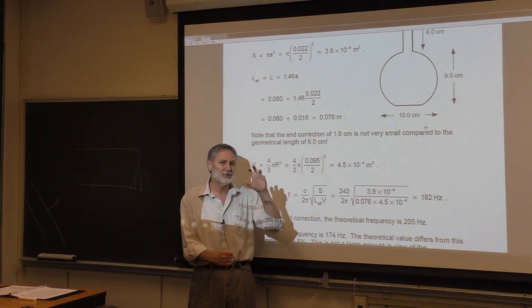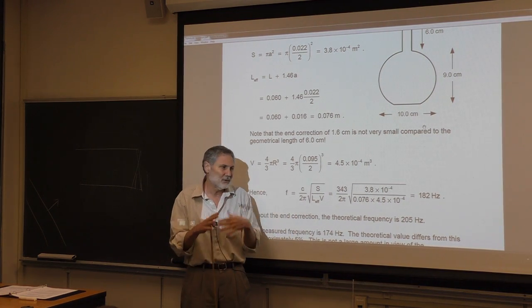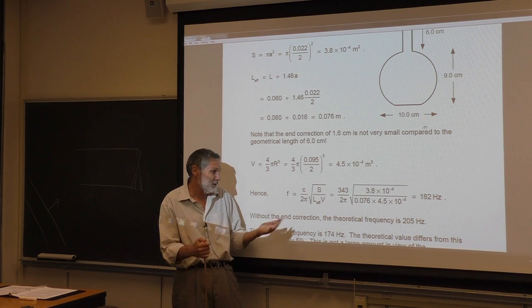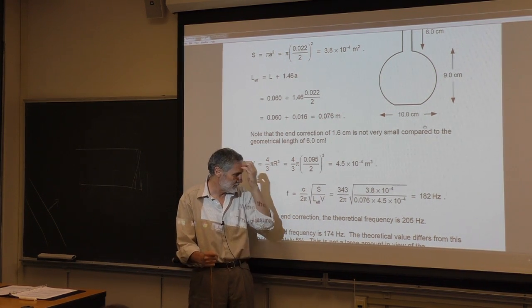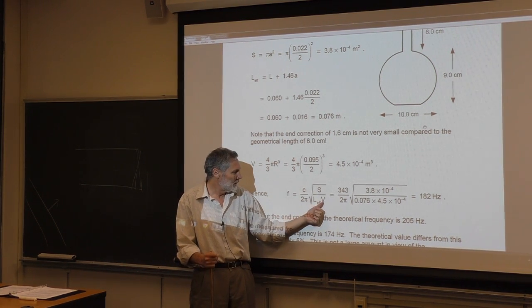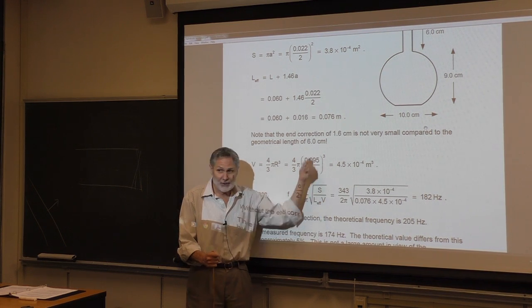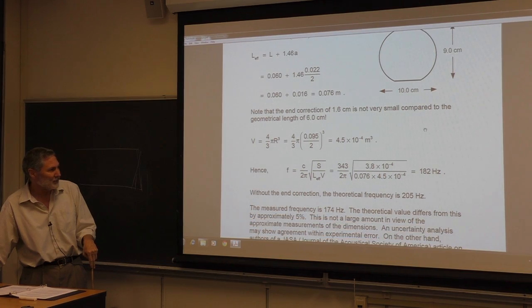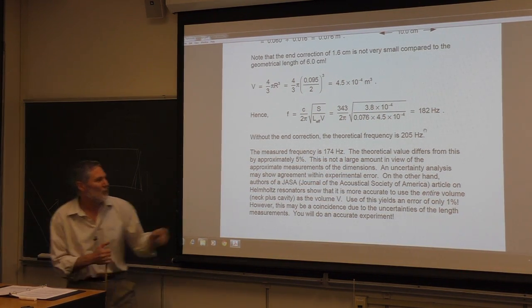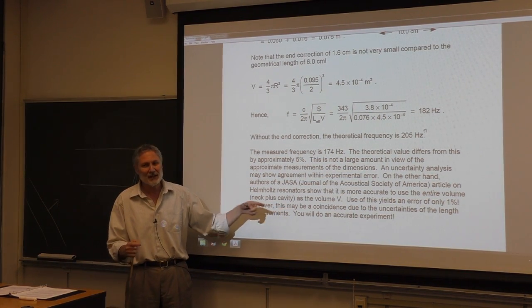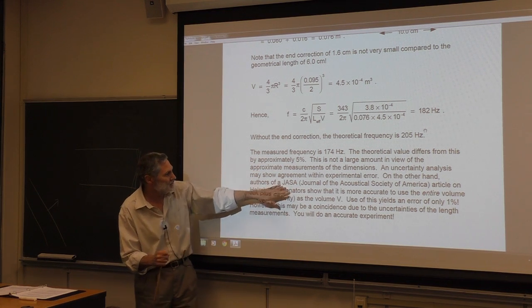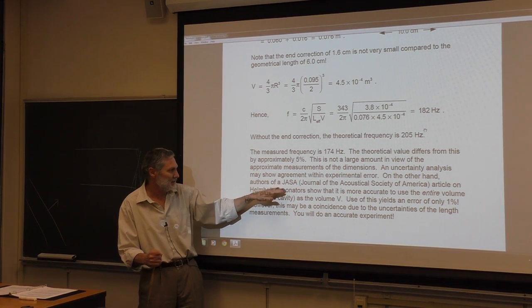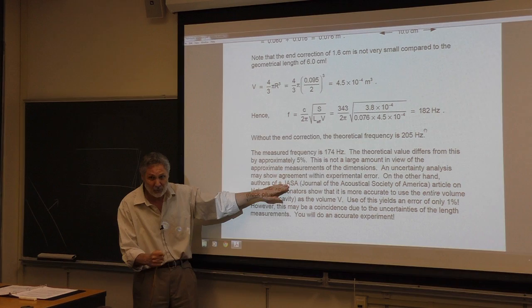Now the theory assumes a small neck compared to the cavity, so it's a small difference, but these people concluded that, and I've got to find that article and understand it. But if you include the neck volume, you do the total volume, then you get 1% error.